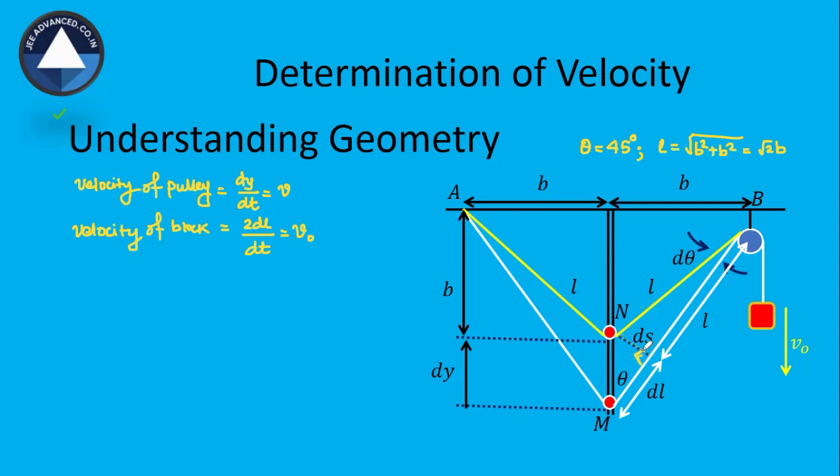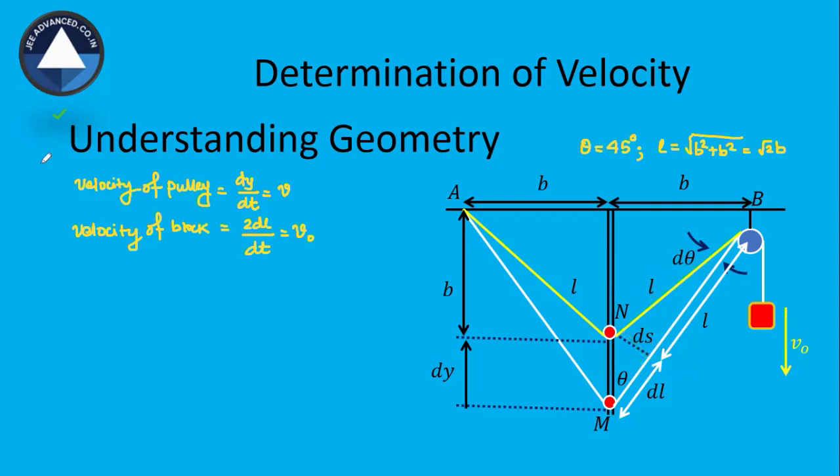What we have done is we have considered this point as a center and have constructed an arc of radius L and this angle d theta. So this ds is the arc length, and this ds can also be written as L into d theta, and this ds will be perpendicular to the length of the string.